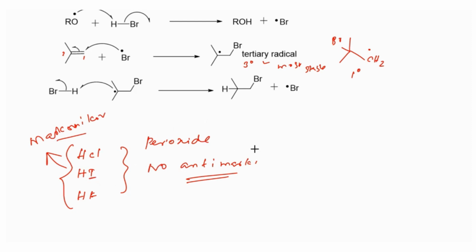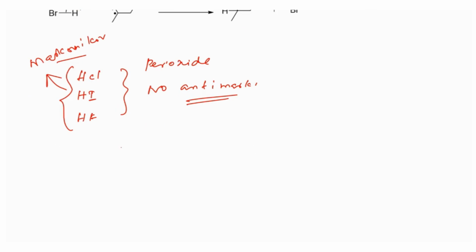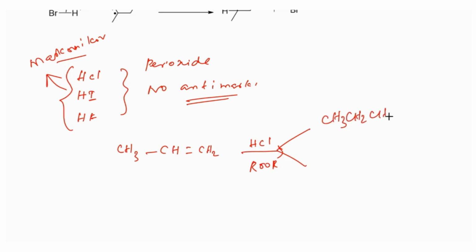For example, I write one reaction like this. If it reacts with HCl, even in the presence of peroxide, we should get this product, but this is not formed.